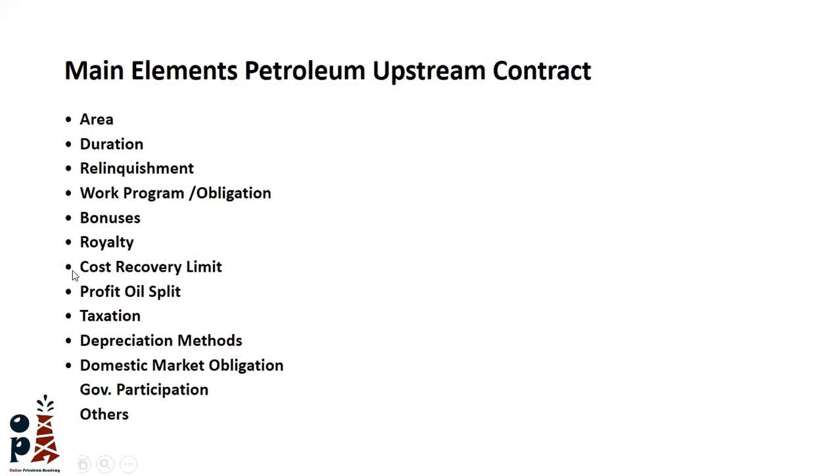Then bonuses, royalties, the cost recovery limit, which is 40% in most contracts, and the profit oil split, which is 60-40 in most contracts. Then taxation, depreciation method, market obligation, government participation, which is government take, and some legal items which are included in the contract.